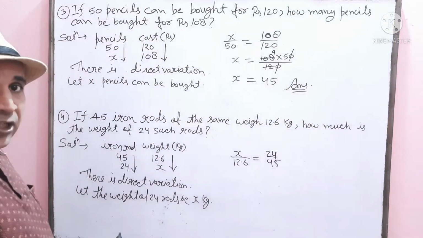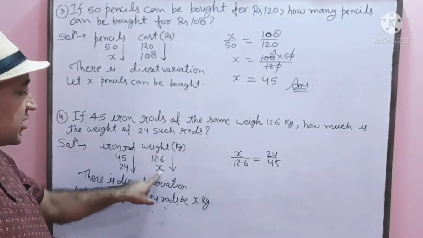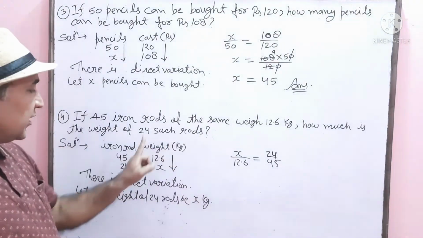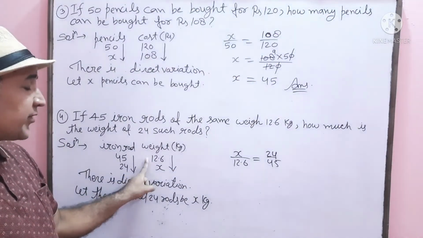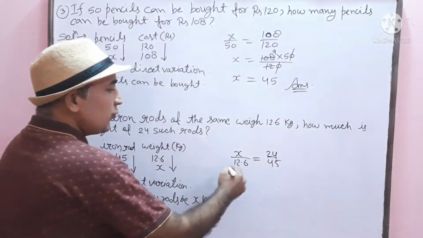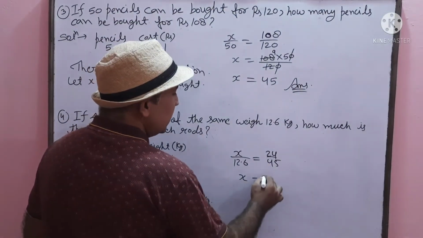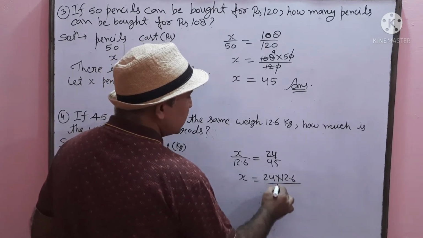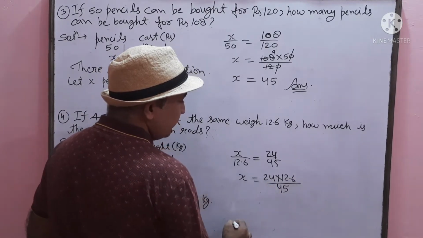I hope you have understood. The number in the direction of the head of the arrow will become the numerator. The number in the direction of the tail of the arrow will become the denominator. Okay? Now by cross multiplication, x is equal to 24 into 12.6 upon 45.